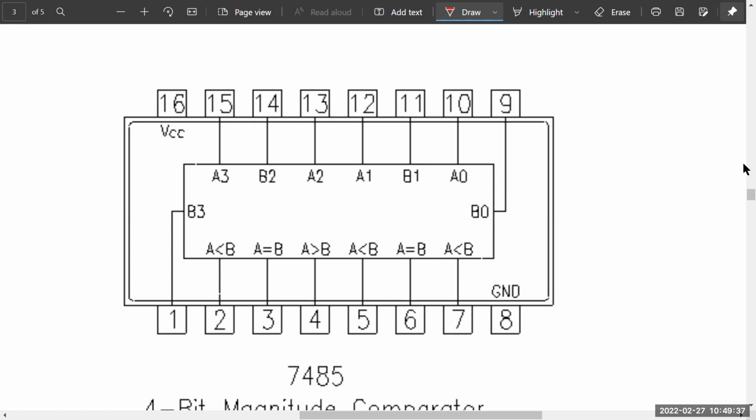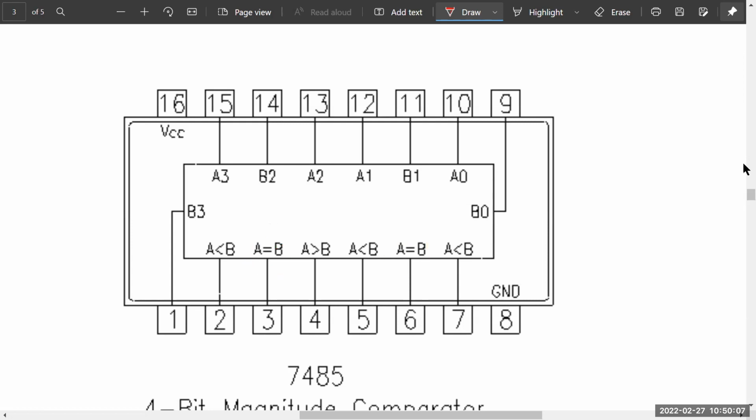Now, what do these outputs mean? We have outputs connected from pin number 2 to pin number 7, and each is a condition. For instance, when A equals B, meaning digital input A is equal to digital input B, output 3 and output 6 are going to go high.